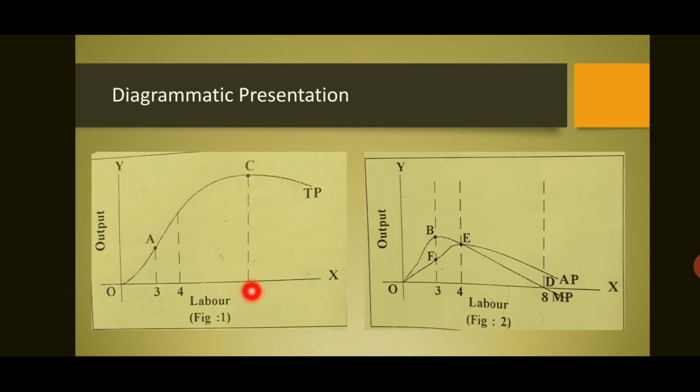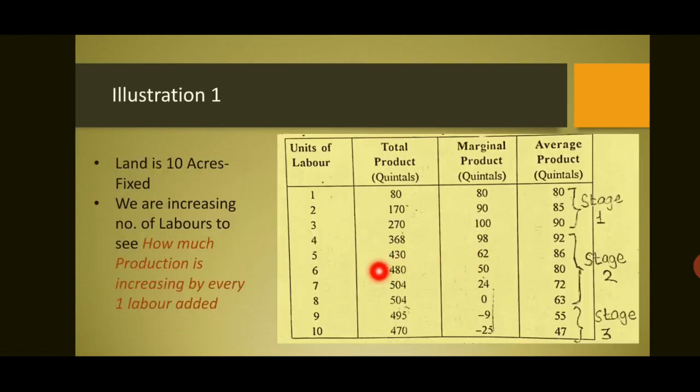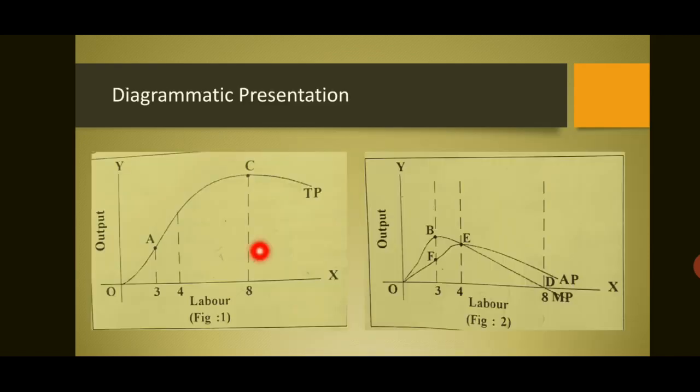But after the point of the 8th labor, there is no increase in production. Our production is maximum at the 8th labor, that is 504. So our maximum production is where? The 8th labor, that is 504 total production.